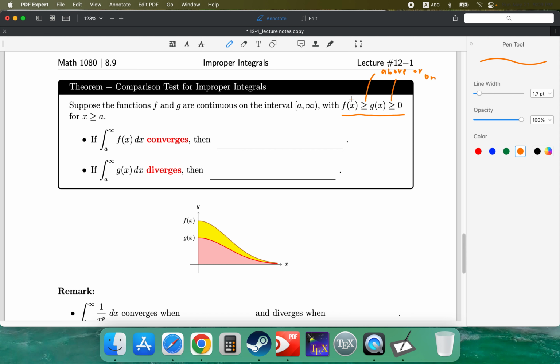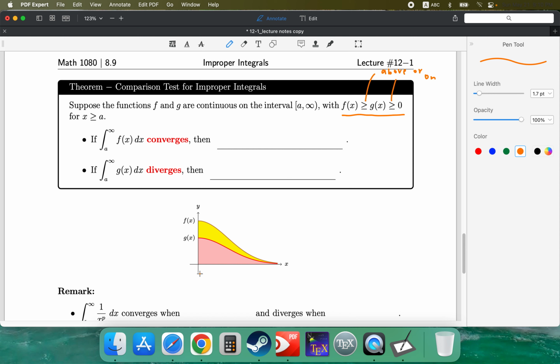So the graph of f is above or on the graph of g, and they are both above, or on, or one is above, one is on, it depends on this inequality right here, on the x-axis. So let's take a look at this graph below.